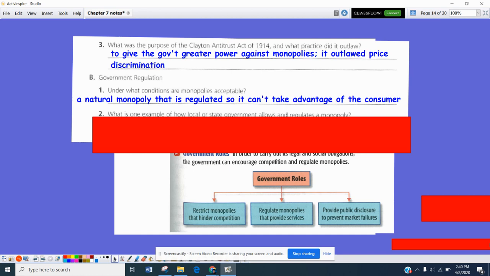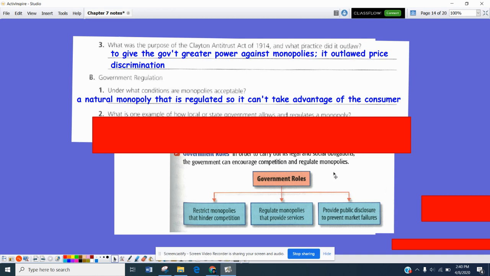It's when consumers are put in a position where they are being treated unfairly that the government will probably interfere to try to make it right for the consumer.